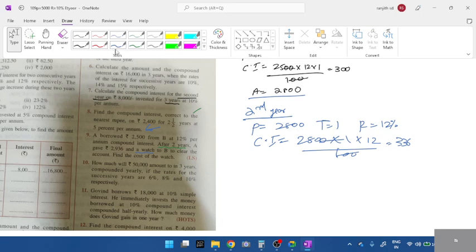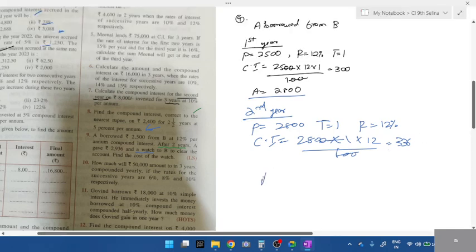Tell me students, what's the final amount? So amount is equal to 2800 plus 336. How much is it? 3136. So this is the amount. Who should pay to whom?